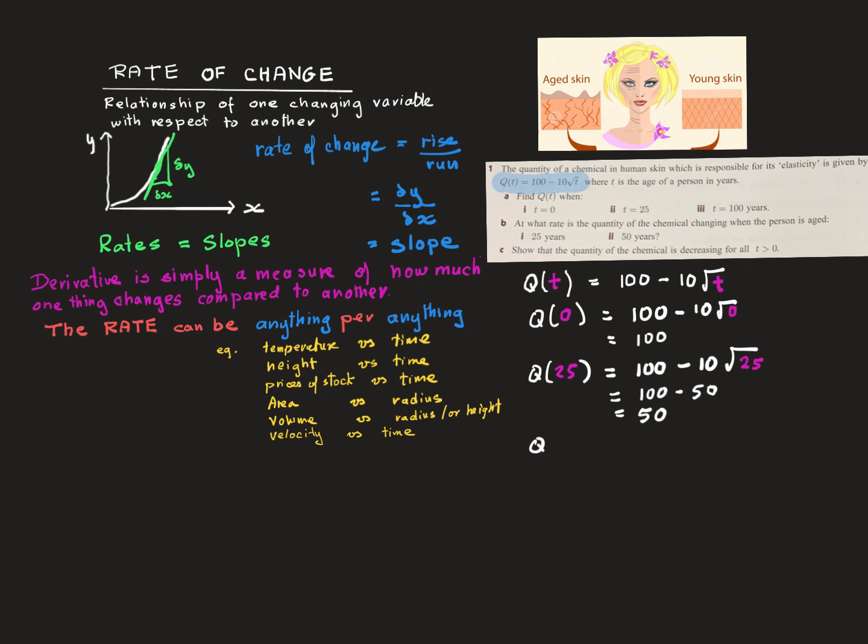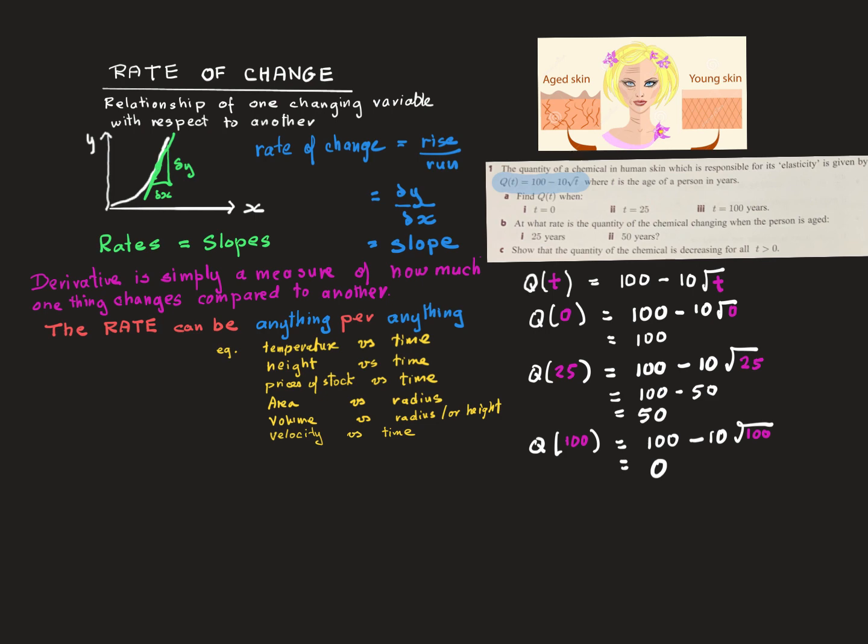And when we are looking at a person who is 100 years old, then it seems that 10 times the root of 100, that person will end up having no quantity of chemical. In all these questions, as with this one, I encourage you to use technology to graph these functions.